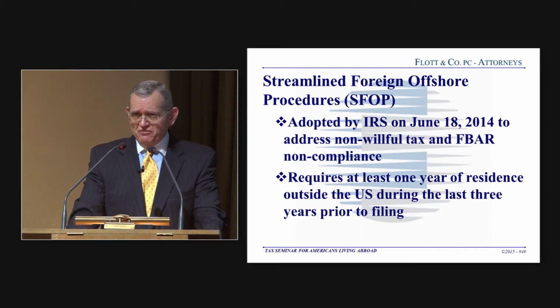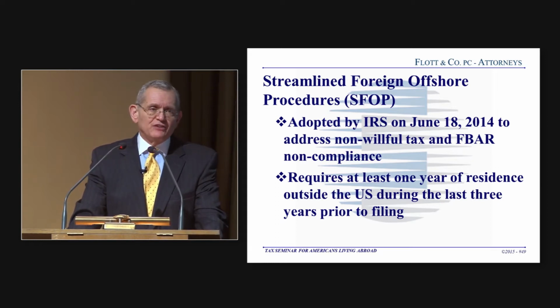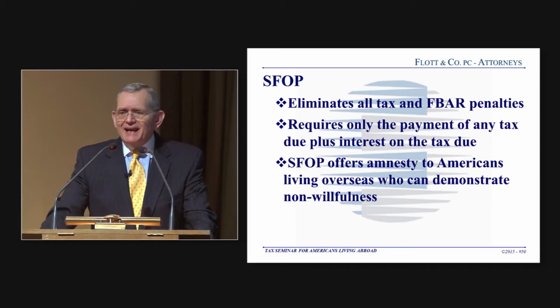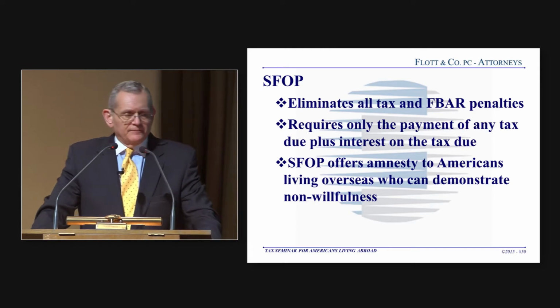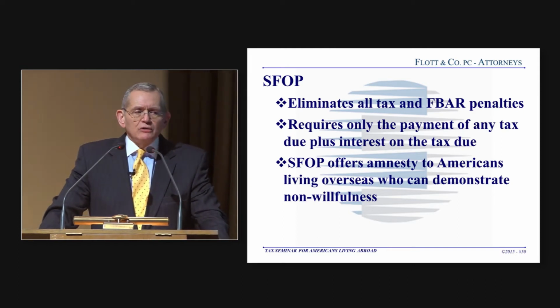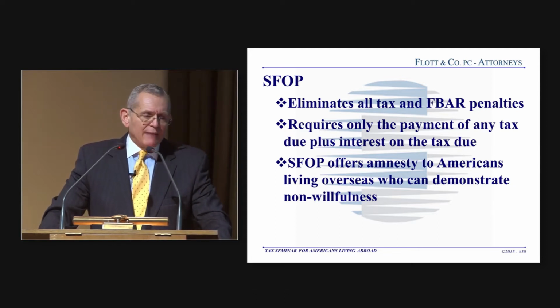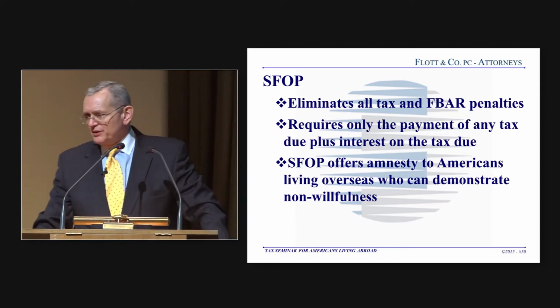So if you were to file in 2015, you would have had to have been out of the United States for at least 1 year during the tax years 2011, 12, and 13. It eliminates all tax penalties and all FBAR penalties. It requires only the payment of tax due plus interest on that tax. It effectively offers an amnesty to Americans living overseas who can demonstrate non-willfulness.